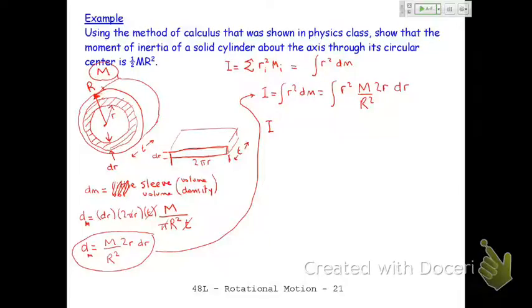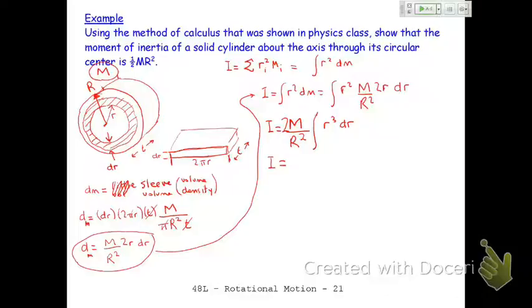So I is equal to, let's take out everything that's constant. The mass doesn't change because it's the mass of the cylinder. And the radius of the cylinder doesn't change. And the 2 doesn't change because it's a number. Integral of r cubed dr.